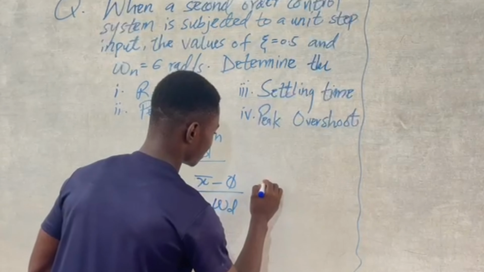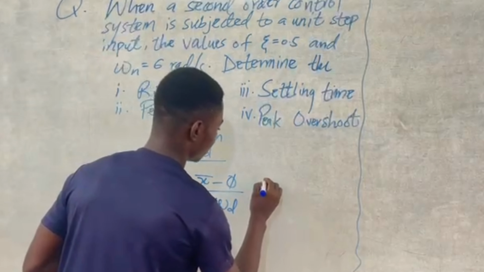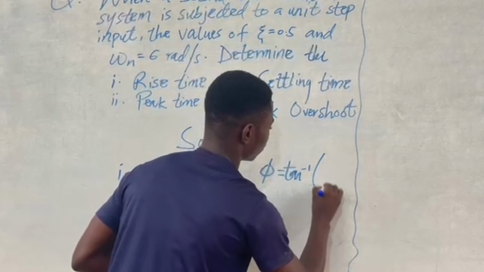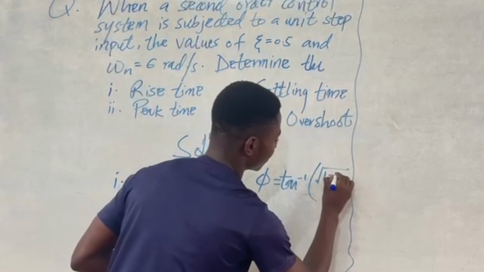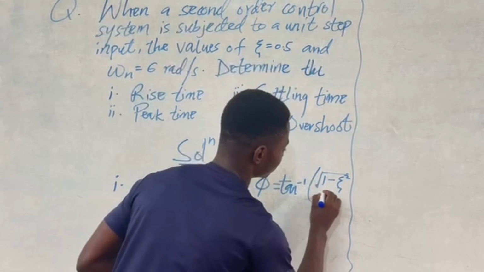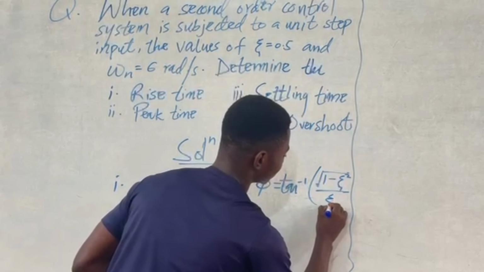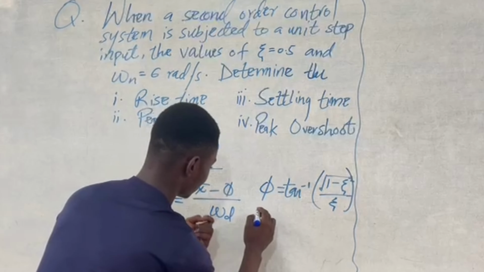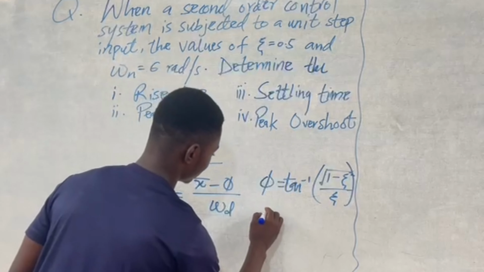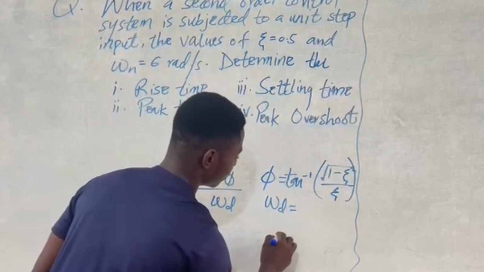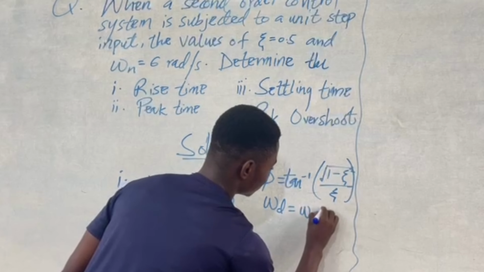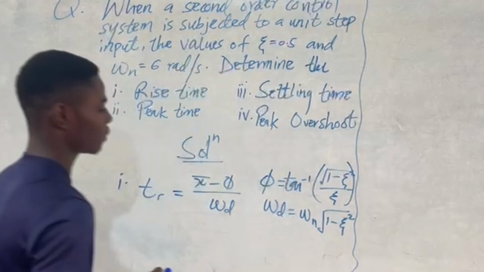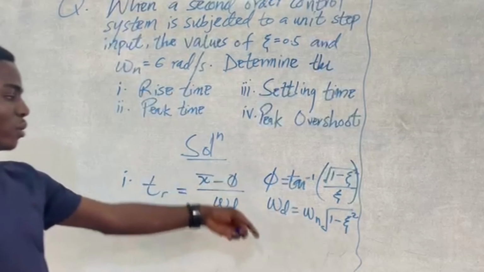Then phi is given by tan inverse of the expression root of 1 minus zeta squared divided by zeta. Then we have to find this parameter as well, since it has not been given in the question. The damping frequency omega d is given as omega n root of 1 minus zeta squared. So we are going to need just these 3 equations in solving.